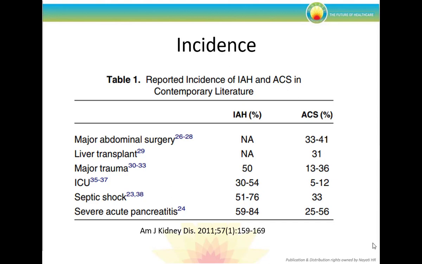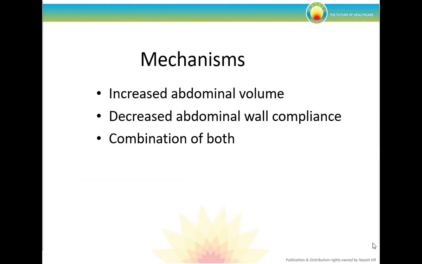We attribute it to patient deteriorating because of infection or something else, and we often miss abdominal compartment syndromes. In patients with liver transplant, 30%, major trauma, 35%. In patients who are generally admitted to ICU, about 12%, and so on.